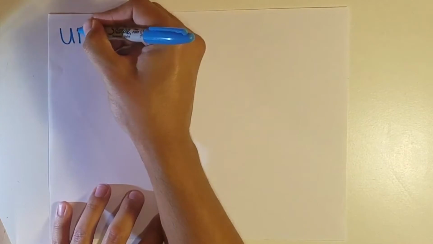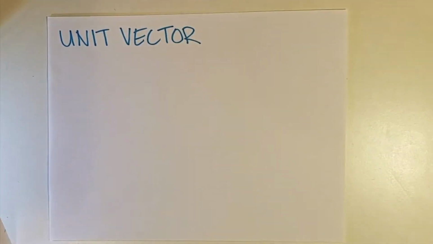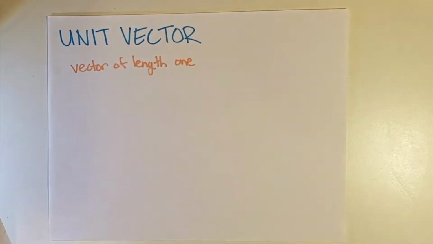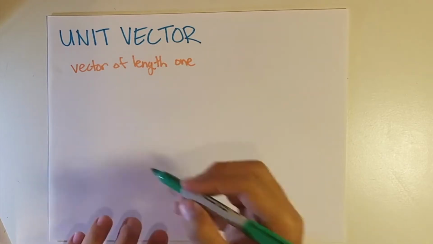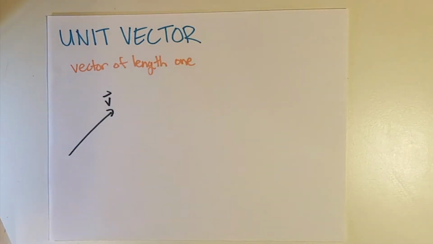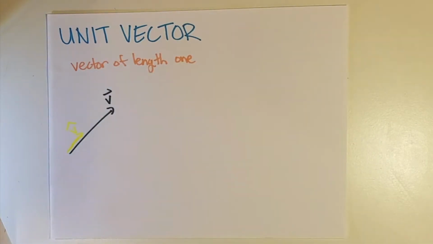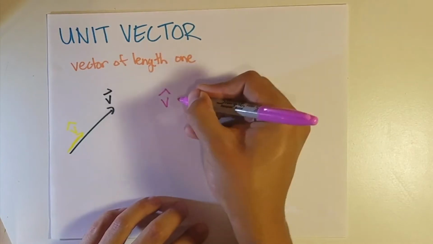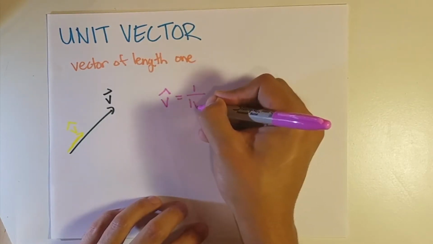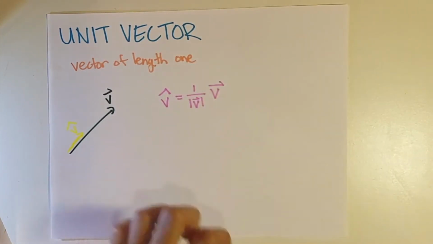Now that we know about length of vectors, let's introduce a very special vector, the unit vector. This is the vector of length 1. Now here's another question. Let's say that we have our d vector. How do we find the unit vector in the direction of this d vector? Well, to find the unit vector in this direction, you multiply each component with 1 over its length.